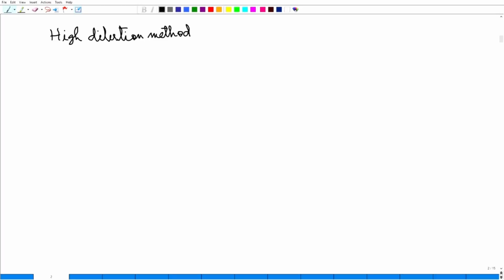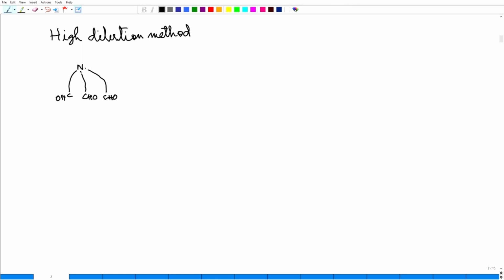After that, another new method. This is the second method, high dilution, and we very cleverly made this high dilution. How, I am going to tell right now. What happens is, this trialdehyde that I have written here is not that soluble in methanol, especially at room temperature.